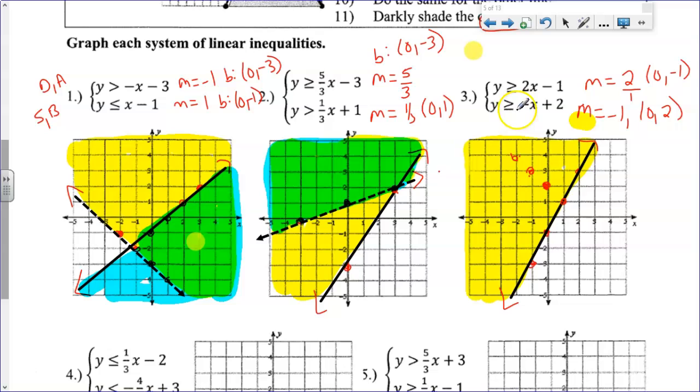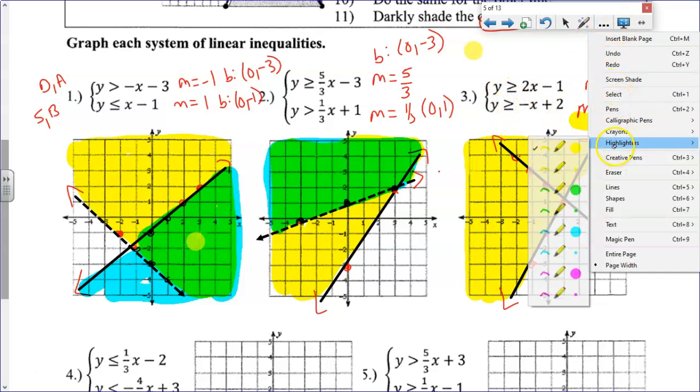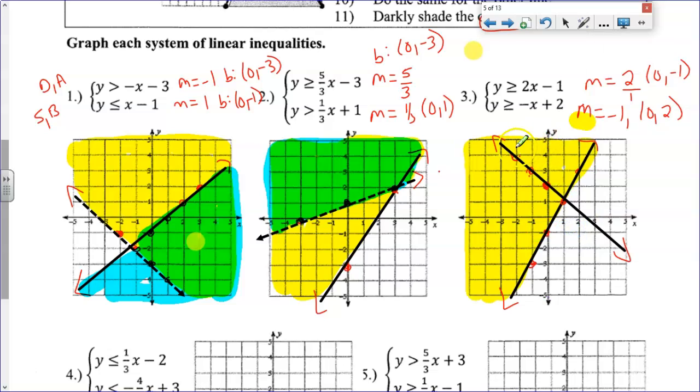And then this line again is solid. And it is also greater than, so we are going to highlight above the line.